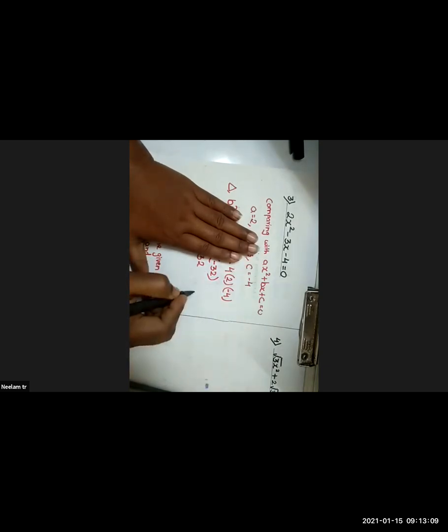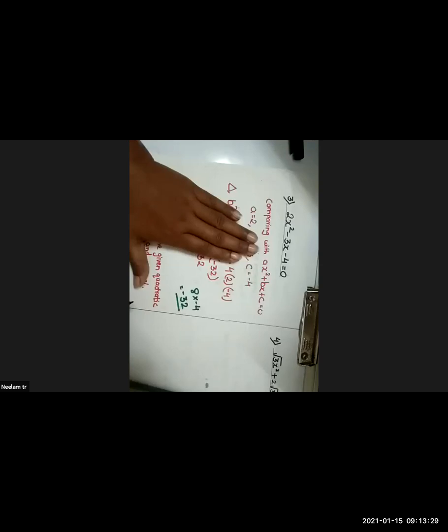Now the next is 8 into minus 4. When you multiply a positive with a negative, you will get the sign of negative. 8 fours are 32, minus 32 you'll get.